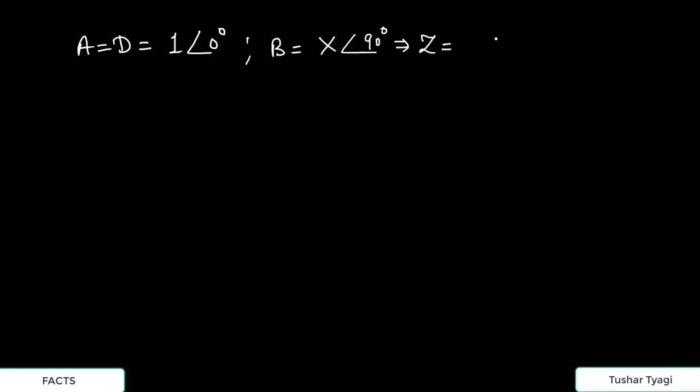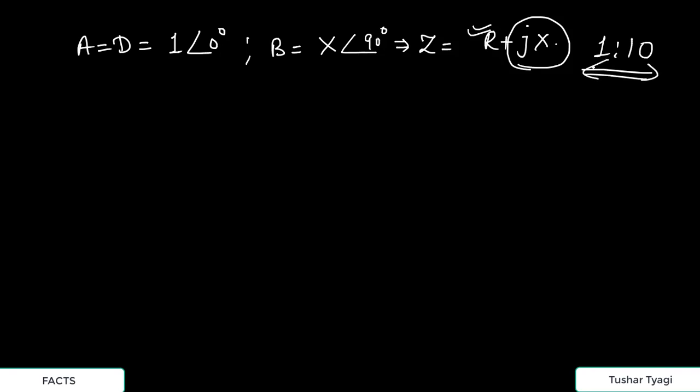First we need to understand that for a short transmission line, A is equal to D is equal to 1 angle 0, and B is primarily X. Or if you want to represent it with a Z, Z is equal to R plus j times X. But in a short transmission line, X is very, very much higher than R. Generally, the ratio is 1 is to 10.